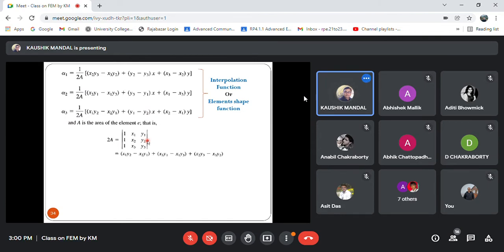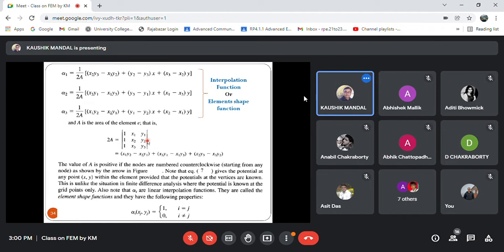Next, with this particular discussion, this value A, the area of the corresponding element, will be positive if we number the corresponding element in the counterclockwise direction, as shown in the previous figure.